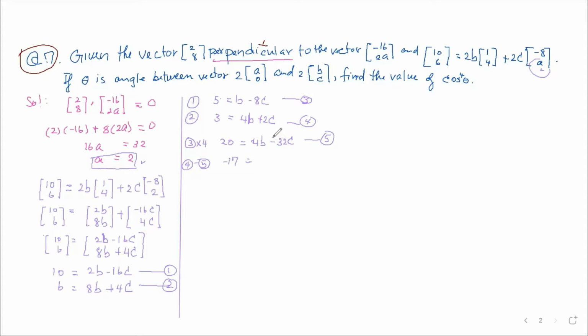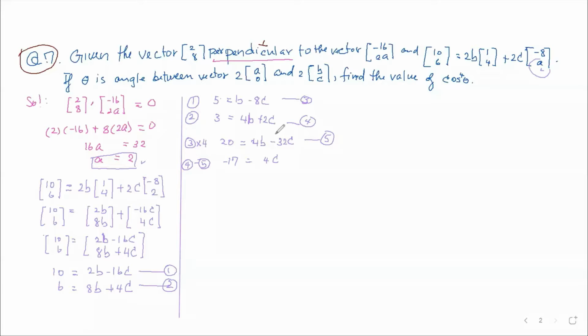So this one is minus, this one should be plus, so we have 34c.